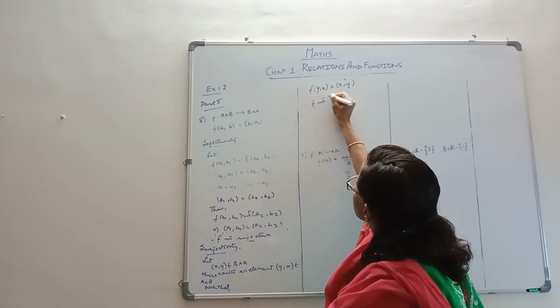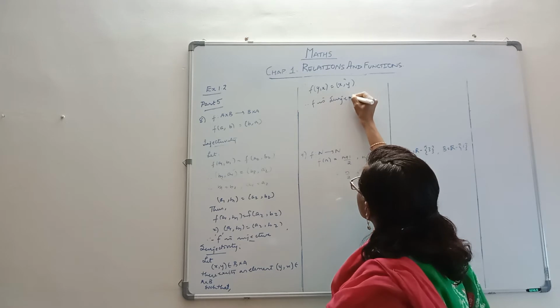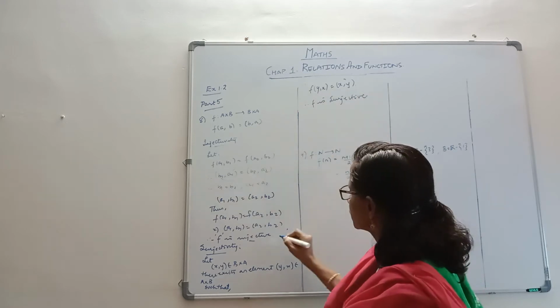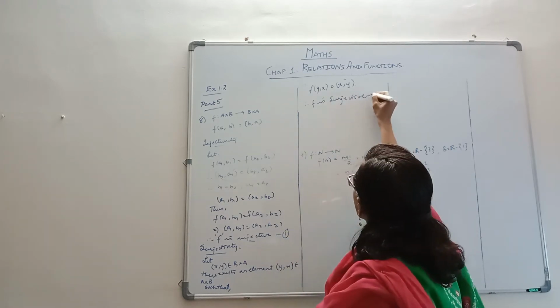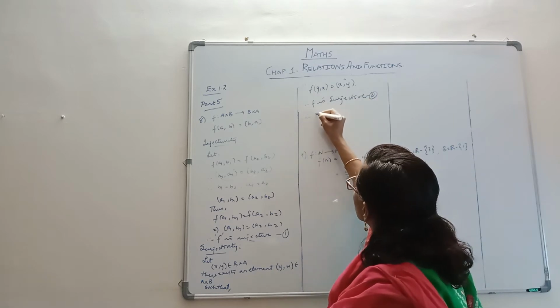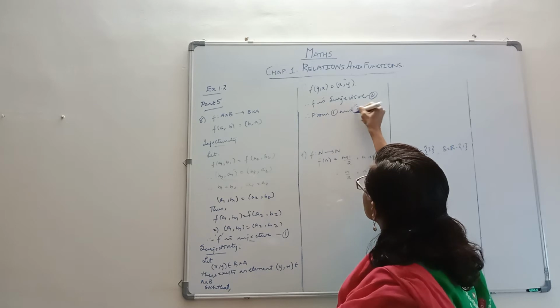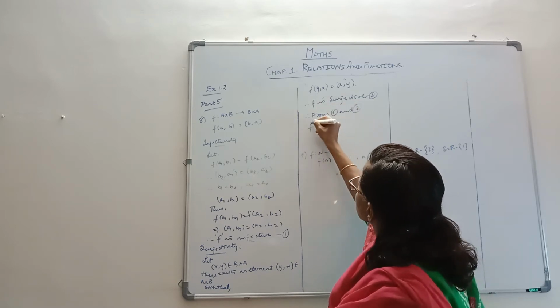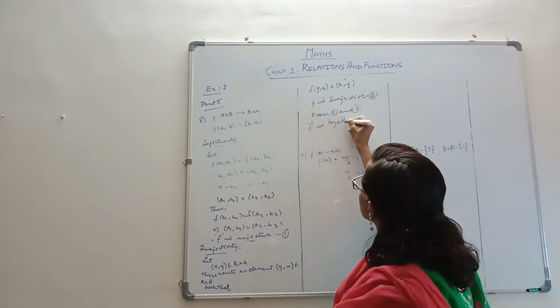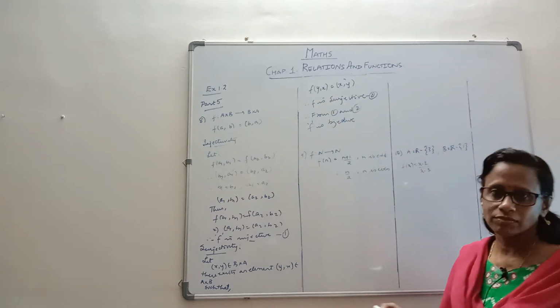Therefore f is surjective. And therefore from 1 and 2, f is bijective, because it is injective and surjective.